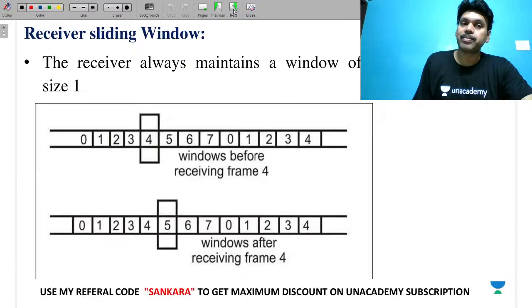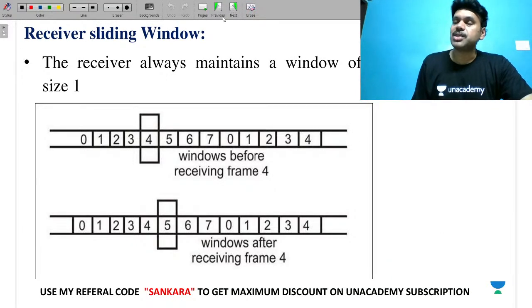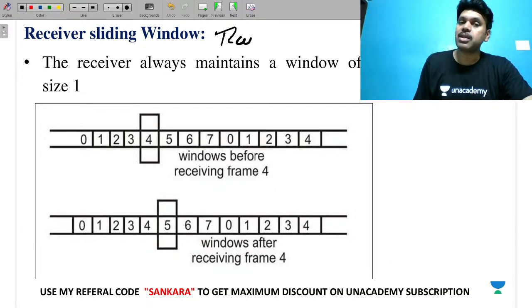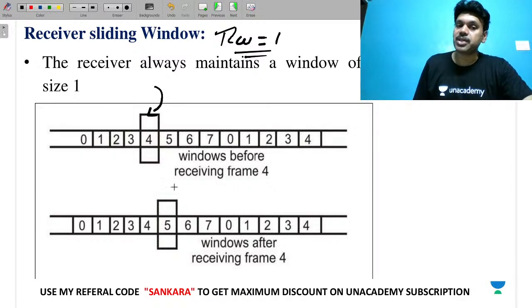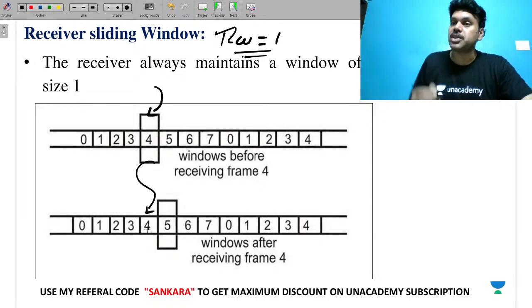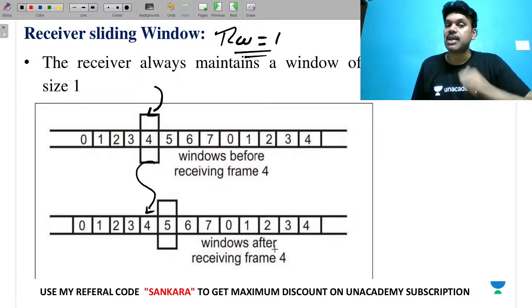Receiver window size is, no doubt, always 1. Only one frame is going to be received. For example, I am expecting frame number 4. Once you get frame number 4, that number will be pushed to the buffer, because I need to detect duplication of frames whenever the sender is transmitting.